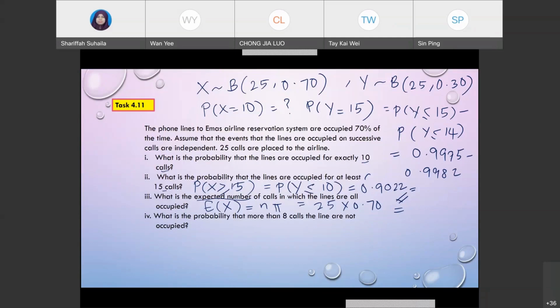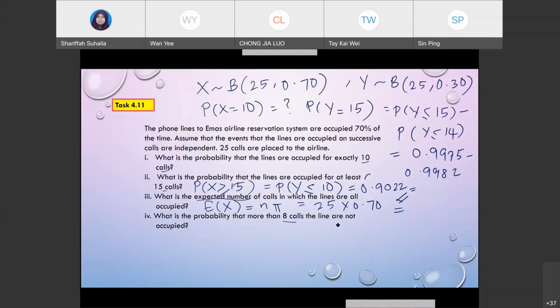You should write X greater than 8 or Y greater than 8. Okay, Y, good, so it's direct. Because your X represents the number of calls that are occupied, your Y, the complement, represents the number of calls that are not occupied.